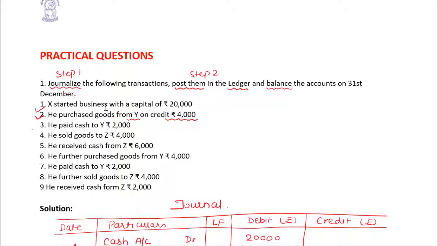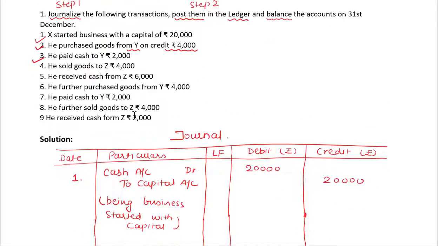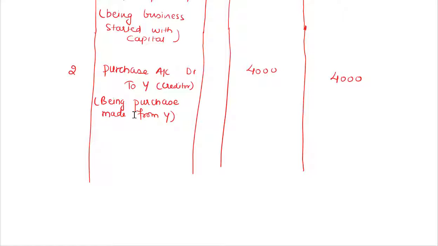Let's see the third journal entry. He paid cash to Y, that is 2,000. So third entry, paid cash to Y. Y account debit, debit the receiver. Paid cash, credit what goes out, the rule of real account. So cash account would be credited over here.